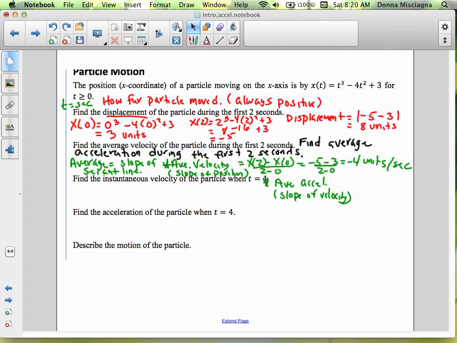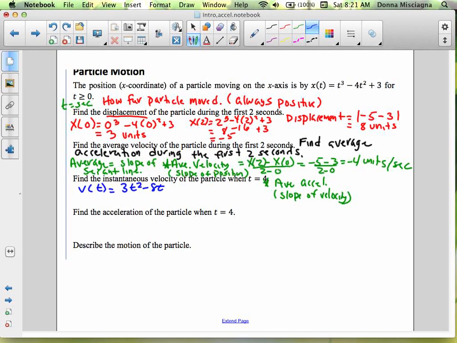So we'll come right back to that question. Let's first find instantaneous velocity, and then once we have the velocity curve, we can find the average acceleration. The function for velocity, we just take the derivative, would be 3t squared minus 8t. And of course, the derivative of 3 is 0.